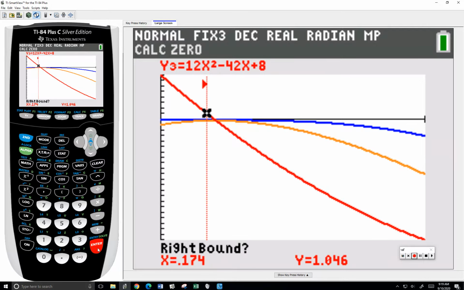Now I need to move to the right of the 0. Press enter. Guess means just be near the 0. If you make your left and right bounds close, you're close enough. You can just press enter. And then make sure that it says 0 right there. Make sure it says 0.